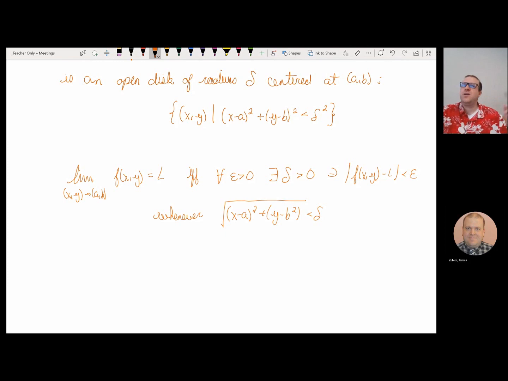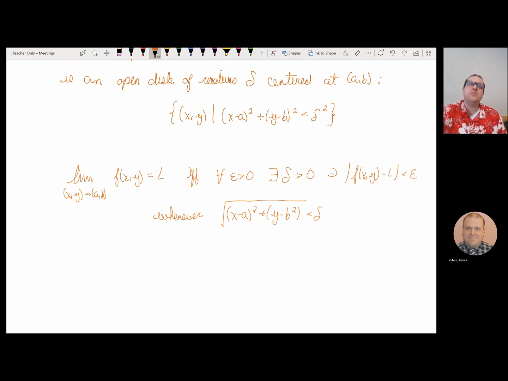Guess what? If it's a three-variate function, it's no longer a delta disk, it's a delta ball, because now you have that z component. And then the definition will look similar. Going to four-variate, you're now dealing with a delta hyperball, right? A four-dimensional ball.